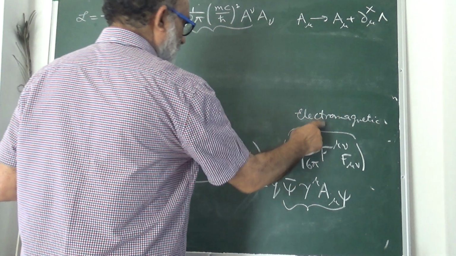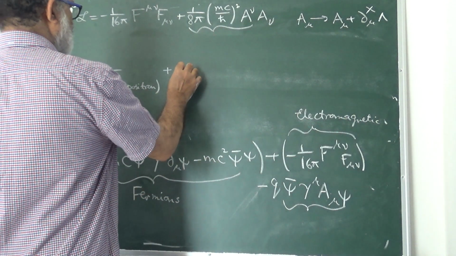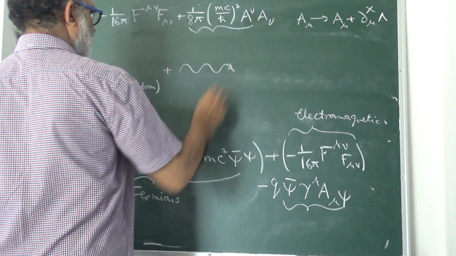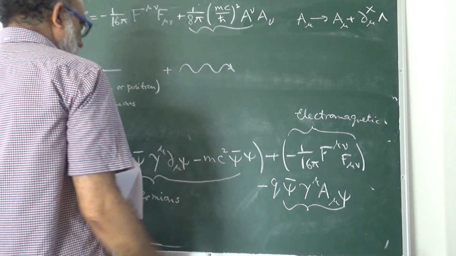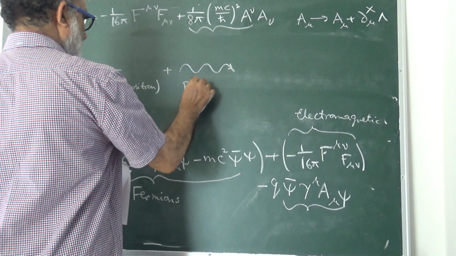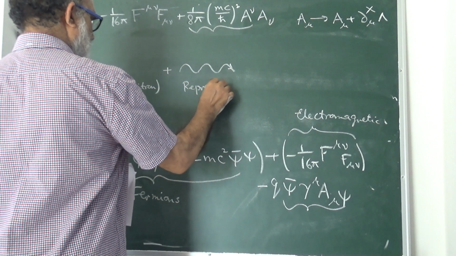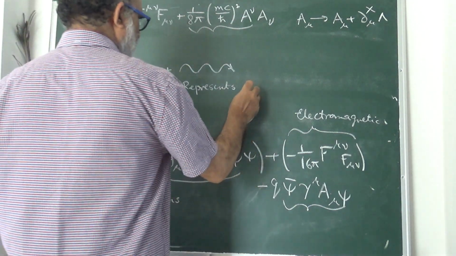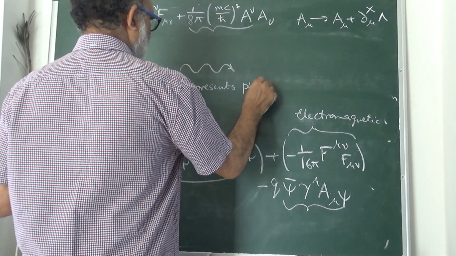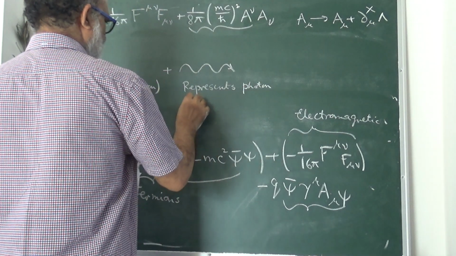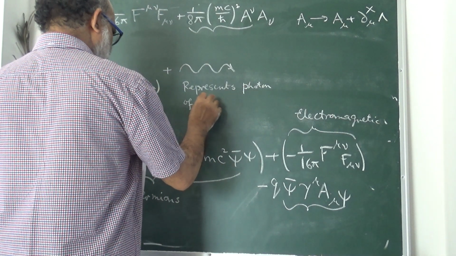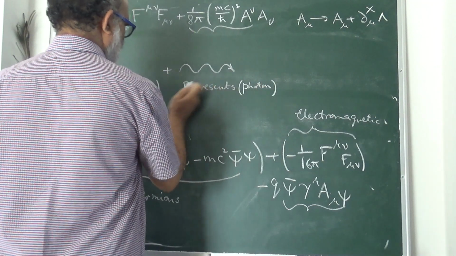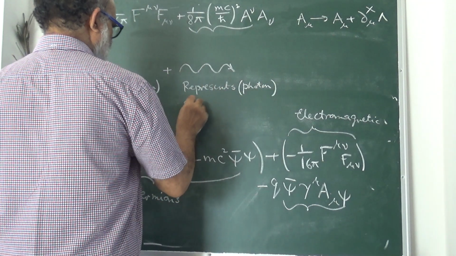And this represents the electromagnetic field part. The electromagnetic field is denoted like this. This represents a photon, or spin 1.